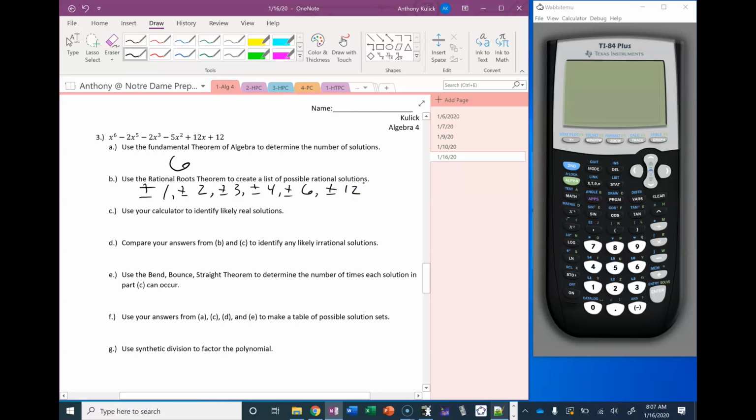And remember, those are all plus or minuses, right? Okay. So let's go ahead and graph this thing then. What am I going to pick as my window? Negative 12 to positive 12.